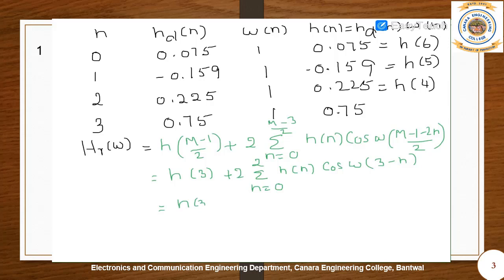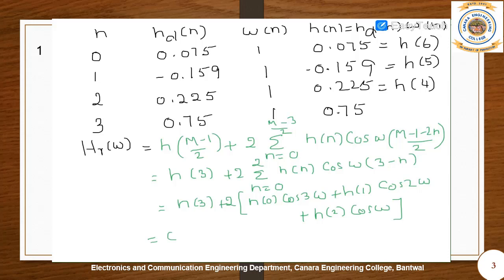H of 3, this is 2 times H of 0 cos 3 omega, H of 1 cos 2 omega, H of 2 cos omega. By substituting the values, H of 3 is 0.75.